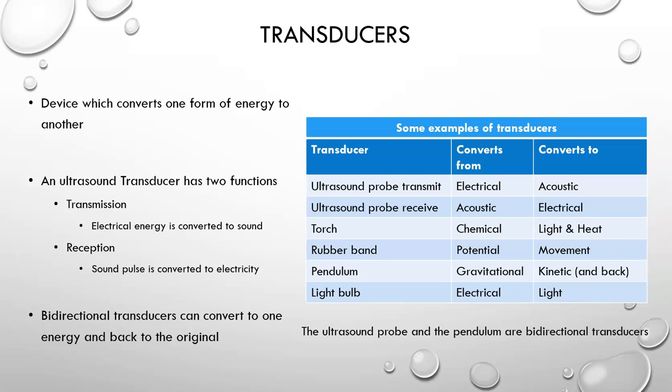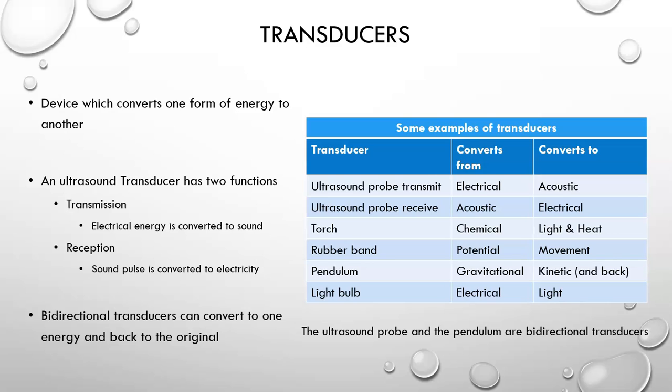Other types of non-bidirectional transducers are things like a torch, which you could light on fire and burn the chemicals on it to produce light and heat. Or a light bulb, where electrical energy is turned into light energy and heat also.